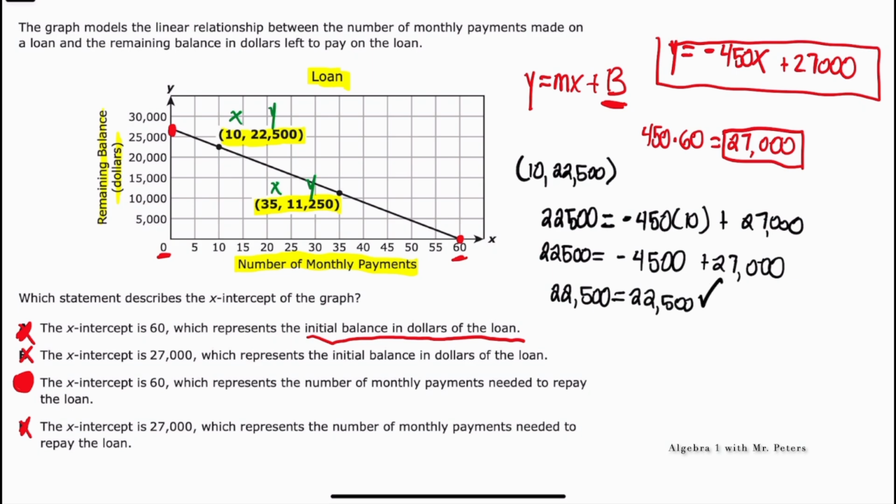So if you understand each part of the expression, equation, and the graph that is there for us, we will be able to answer these type of problems. So we know after 10 months, the balance is going to be 22,500 on the loan. And after 35 months, the balance is going to be 11,250. And after 60 months, the total balance is going to be paid off.